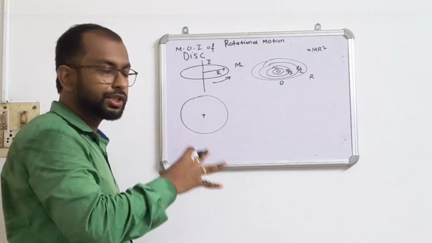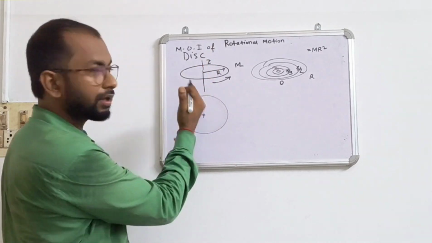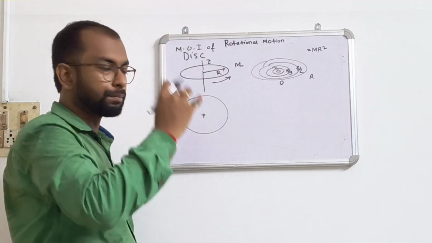Now let's look at this disk from the top. So Z is outward. I am looking at the disk from the top.